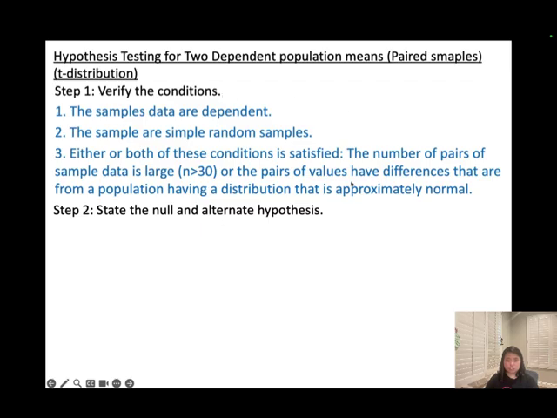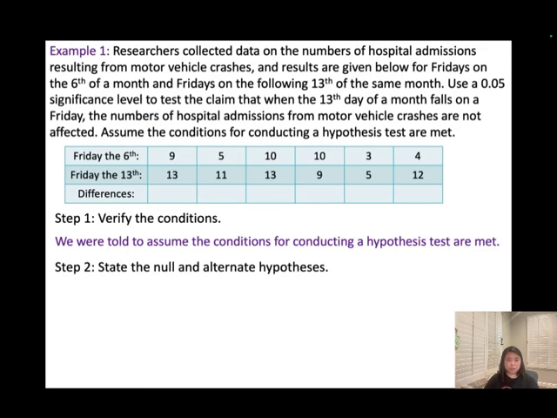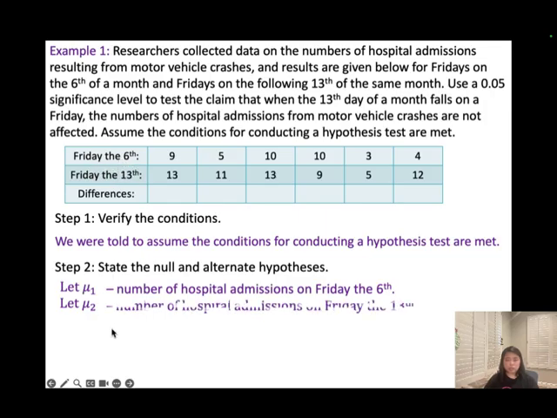Then let your mean 1 be the number of hospital admissions on the 5 days on the 6th, and mean 2 be the number of hospital admissions on the 5 days on the 13th here. Keep in mind to write down what the mean of the difference is. I will be using 1 minus 2.